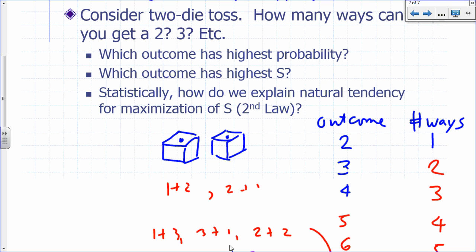When you're dealing with moles of atoms in your system, you realize you're not always going to win if you bet 7, right? There's going to be fluctuations. But when you're dealing with a lot of atoms, this most probable outcome becomes so predominating that essentially it's the only outcome you'll get for practical purposes.